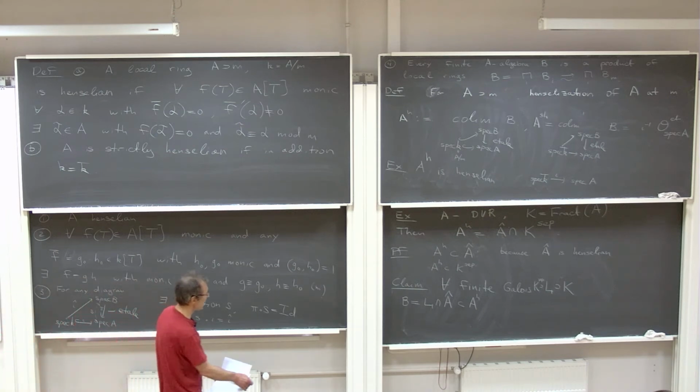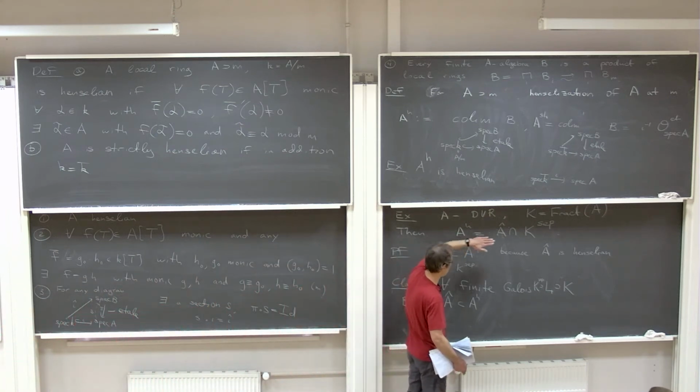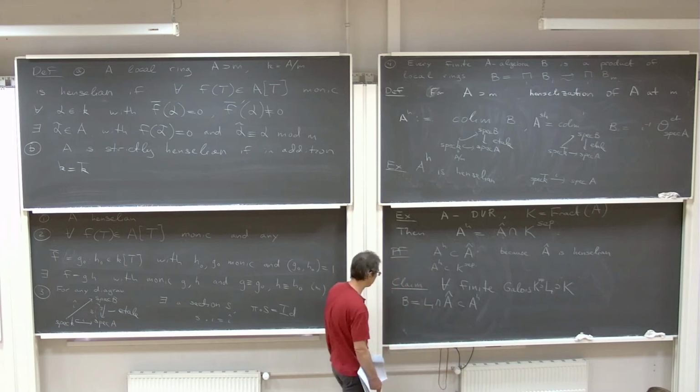Again, we think of A^h already as a subring here, so this makes sense.